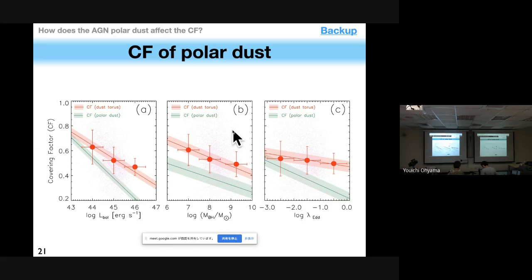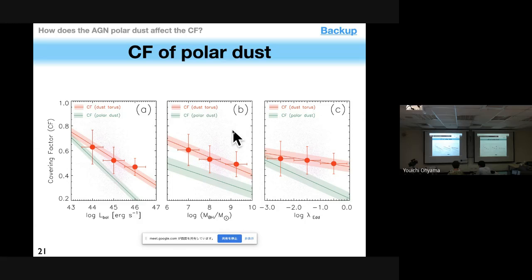Yes. But I mean, if by subtracting the polar dust the correlation coefficient increases, then that means with polar dust the correlation coefficient should be smaller, right? Yes. But in this figure, it almost looks stronger, especially in panels A and C. So I'm a little bit puzzled.